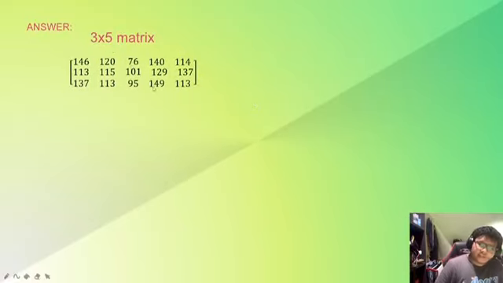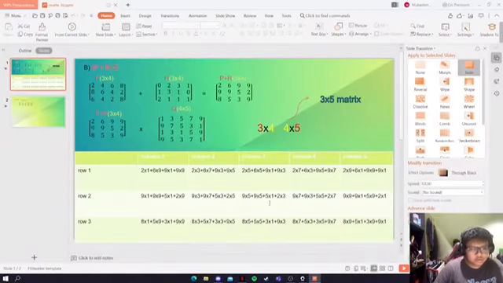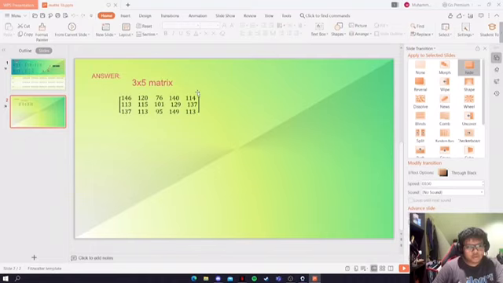And lastly, after we multiply and also add the numbers in this box, then we can get the answer, as simple as that. So that's all from me for problem 1B.